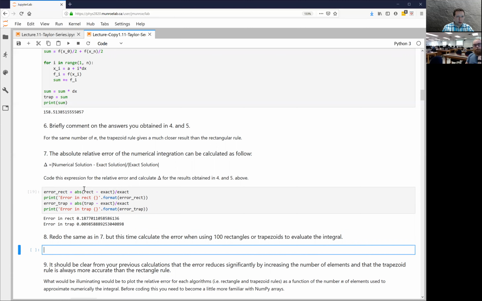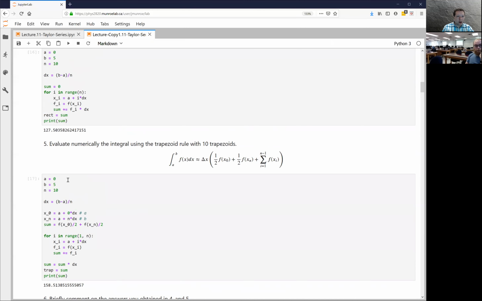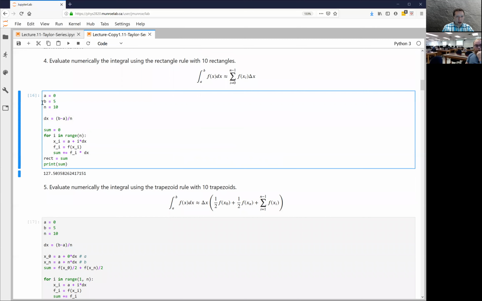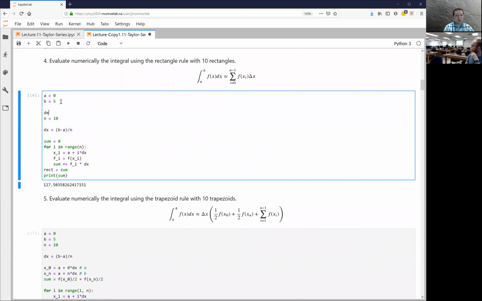So what I'm going to do is go back up to my rectangular rule and recognize what I have here is basically a function. It's a function compute rectangular of n. So n is the number of rectangles. And what I want to do is turn this whole thing into a function.